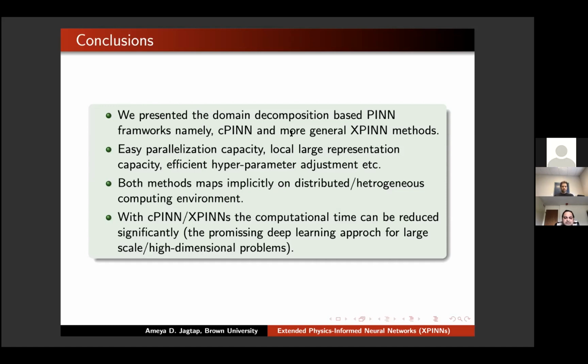So that's the additional advantage of XPIN. We have also seen that both methods map naturally onto a CPU-GPU type heterogeneous computing environment. And we have also shown that the computational time can be drastically reduced. That's a promising approach for large scale and high dimensional problems.